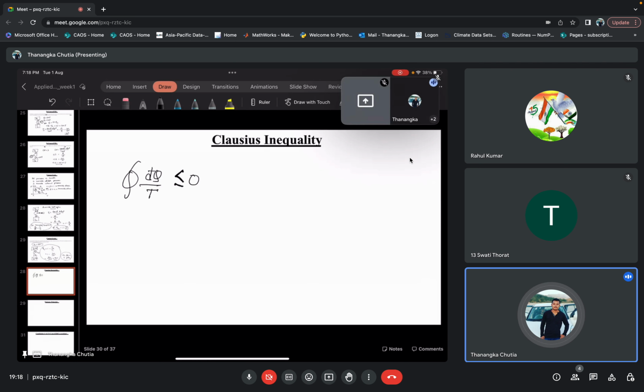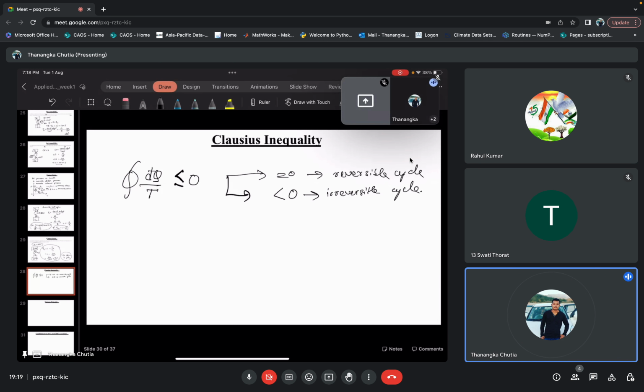It is equal to 0 if the cycle is reversible, because this is a cyclic integral, and it is less than 0 if it is an irreversible cycle. From this Clausius inequality, by means of experiment, he has shown that if the cycle is reversible it is equal to 0, and if irreversible it is less than 0.